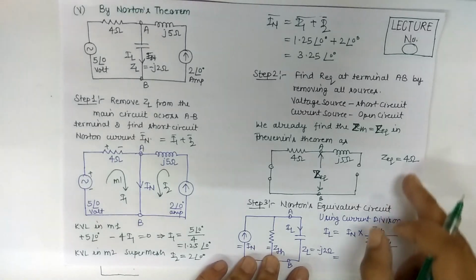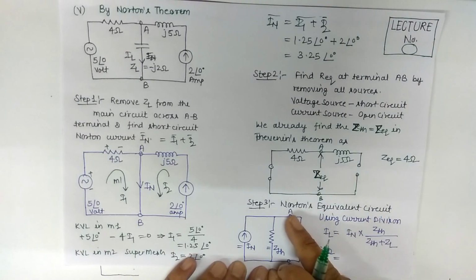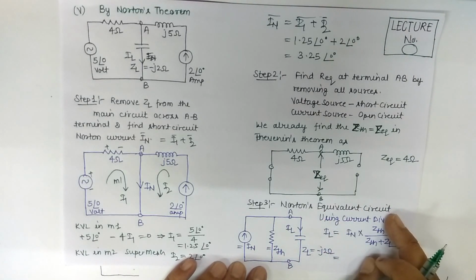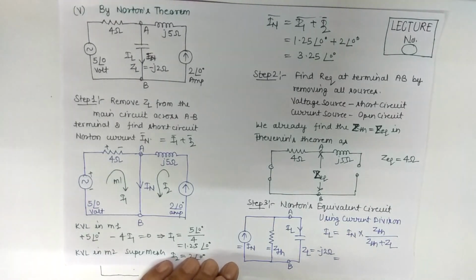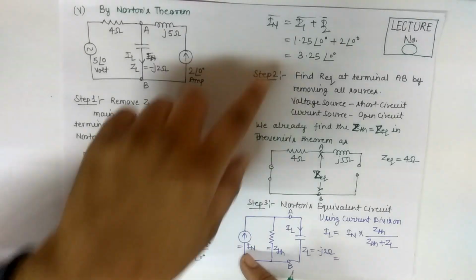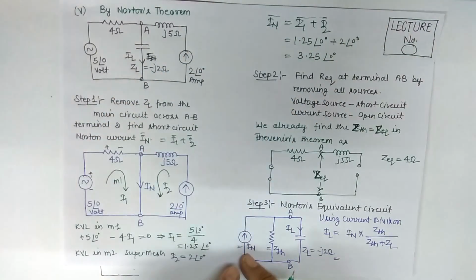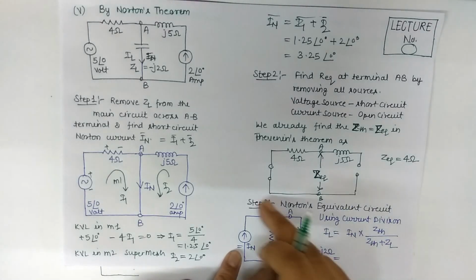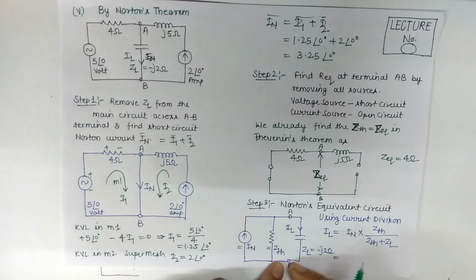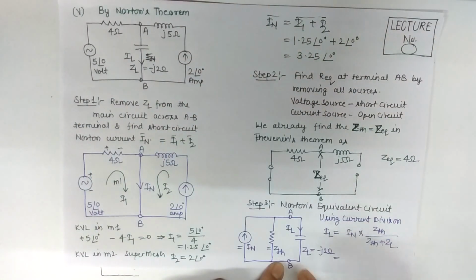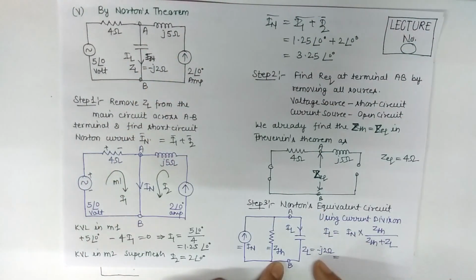So we make again Norton equivalent circuit. In Norton equivalent circuit, we connect all the parameters in parallel. First of all, IN, that we denoted here, and ZTH are connected in parallel across AB terminal, and at AB terminal we removed this ZL. So again we connect this ZL here.